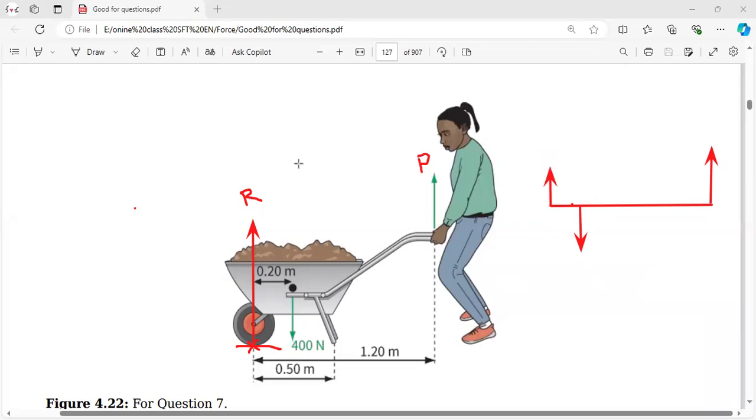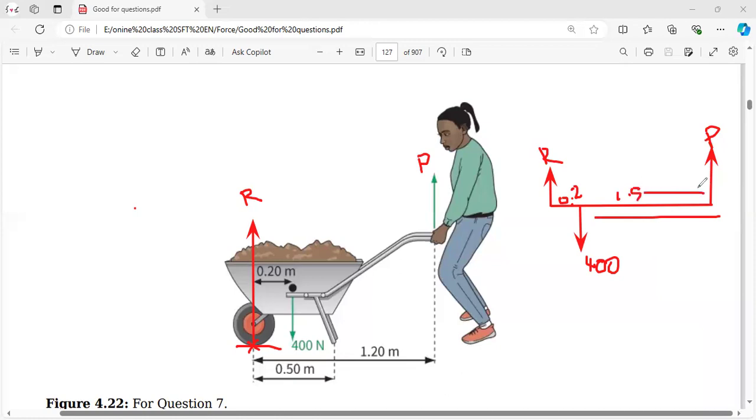And we need to consider the distances as well. You can write down the R, P, and this is 400. From the wheelbase to the 400, this is 0.2, and this distance is 1.2 plus 0.3, which means 1.5, right?